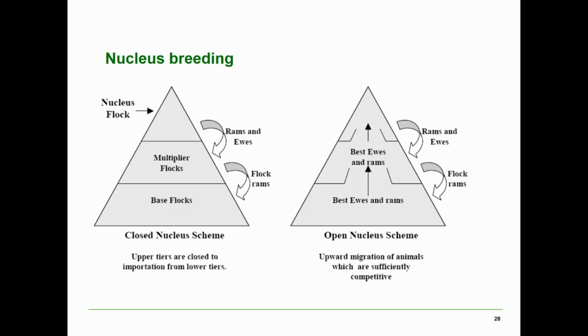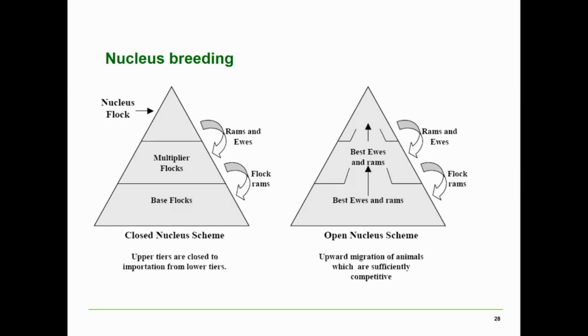The males and females go to the multiplier flocks, where they just make more of them, and then from these multiplier flocks they move to the production flocks, where they basically serve as production animals. This is a so-called closed nucleus scheme, where all 3 tiers are separate from each other, and the animals move just down, as shown in the picture.